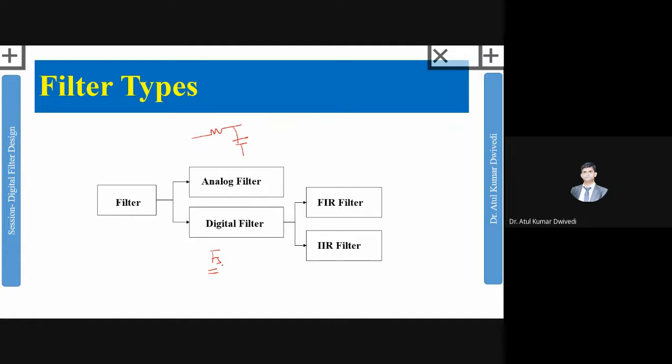Digital filters are less noisy and customizable; you can increase the size of the filter. They have less ripple, less noise, and more noise suppression capability. So this is the digital filter. Digital filters can be of FIR type and IIR type.